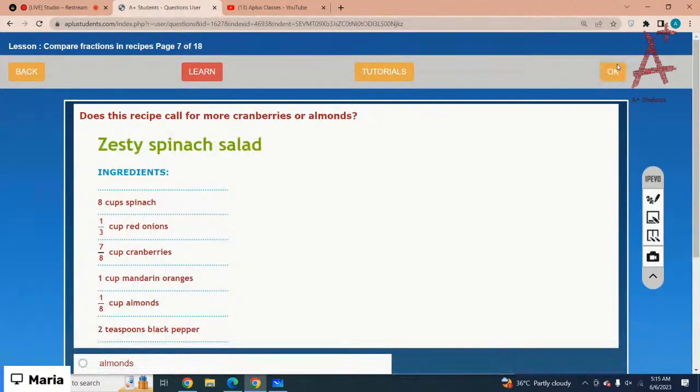Okay, does the recipe call for more cranberries or almonds? So you need 7 over 8 cup cranberries and almonds 1 over 8.